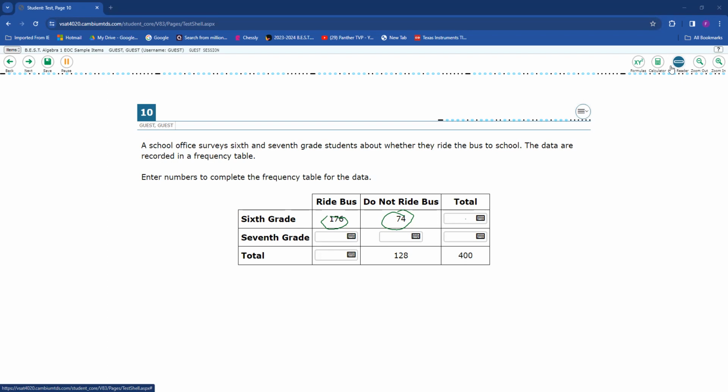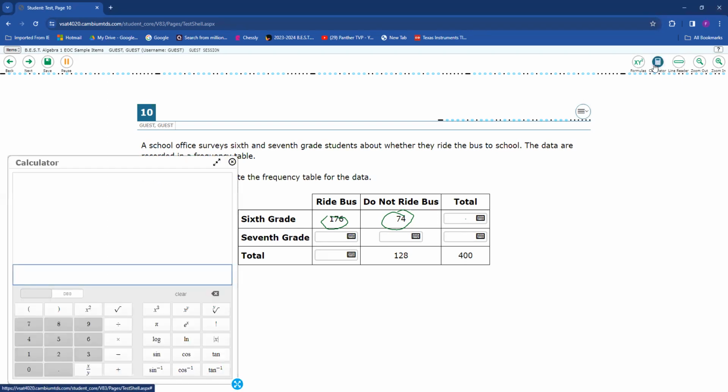So the ones who ride the bus and do not ride the bus add up to the total of the sixth grade, if you will. So let's see, 176 plus 74, and make sure I type that on the calculator, not 744. So it's going to be 250 here.